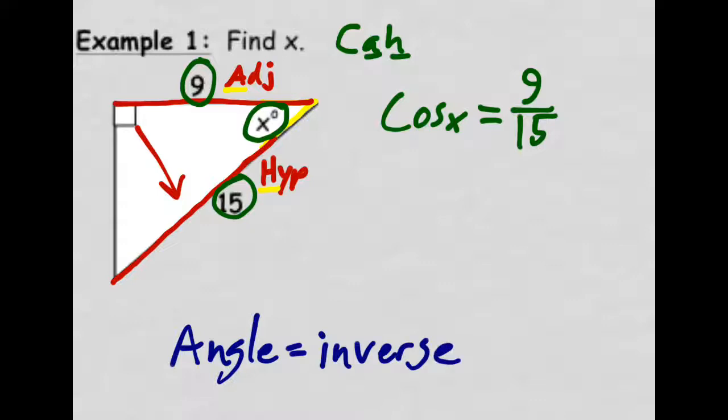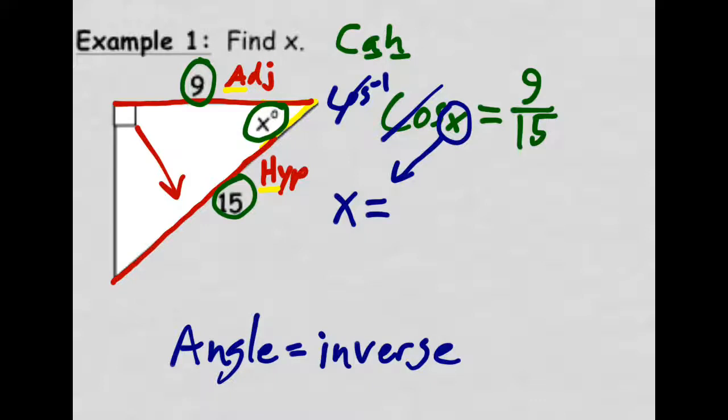Angle equals inverse, alright? So I just take the inverse of cosine of both sides. Remember, if I take the inverse of cosine of a cosine, that just cancels out both of those cosines, and all I'm left with is x.